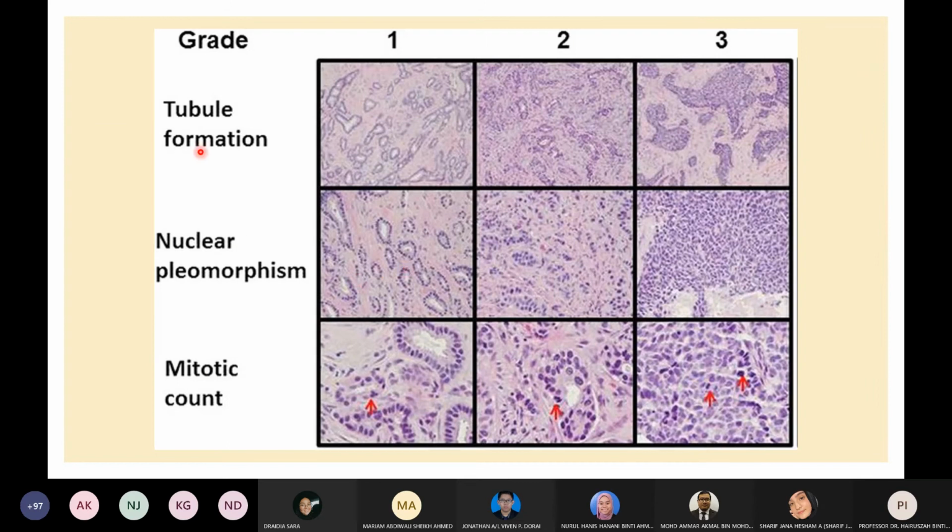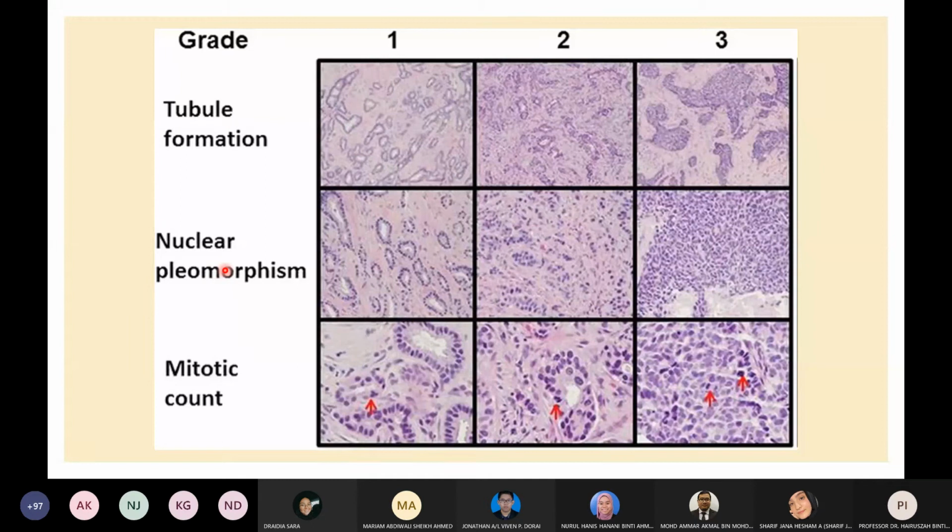This actually summarizes how we pathologists do the grading. With regard to tubule formation, can you see the glands there? Widespread, you give 1. When it's not so well seen, 2. And when it's more solid like this, you give 3. That is in terms of tubule or glandular formation. Then look at the cells.